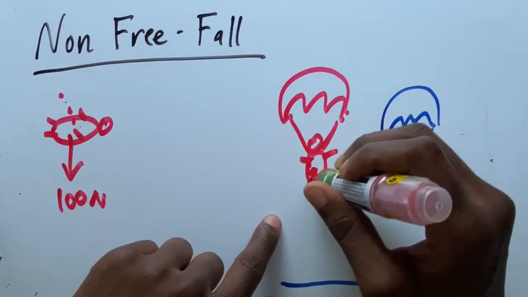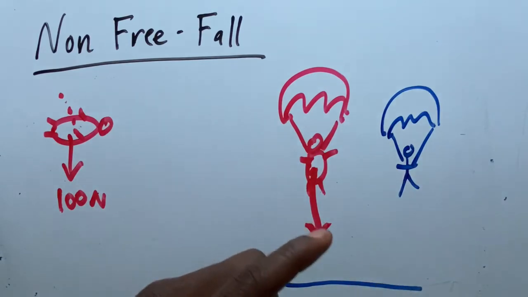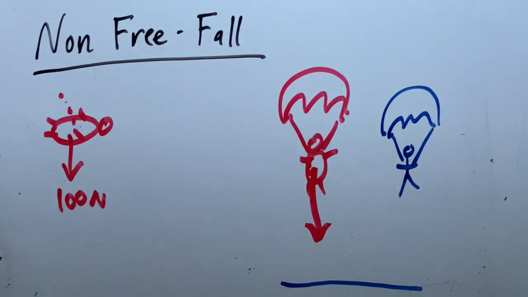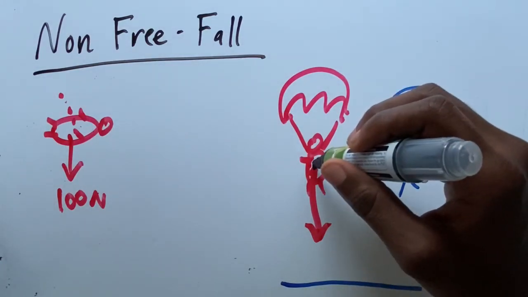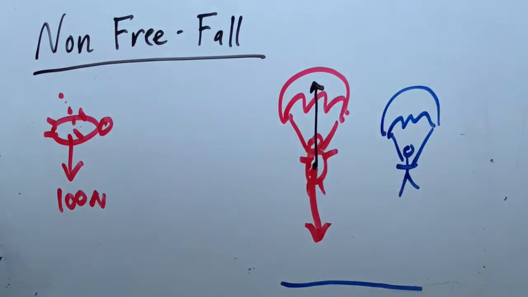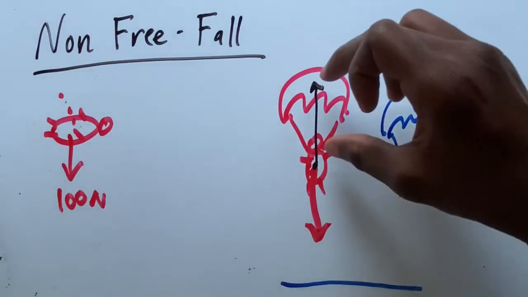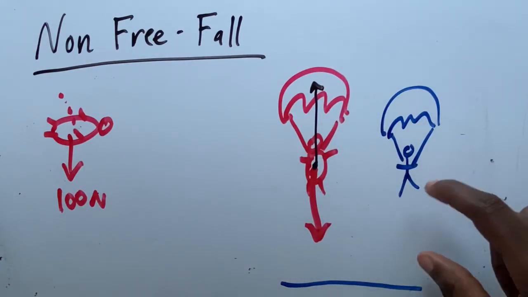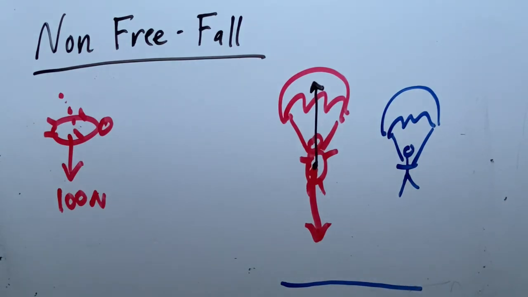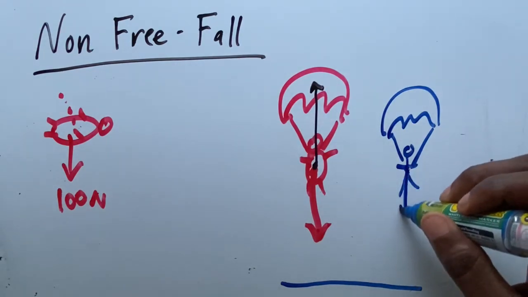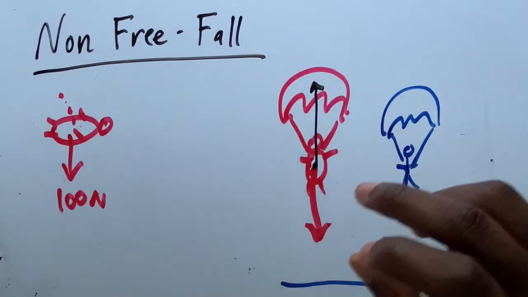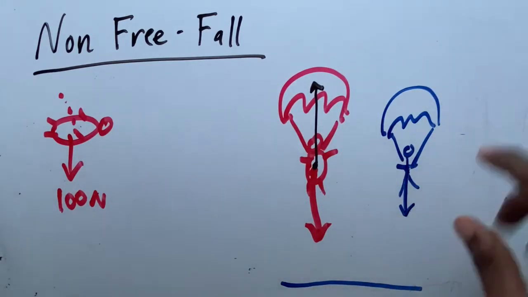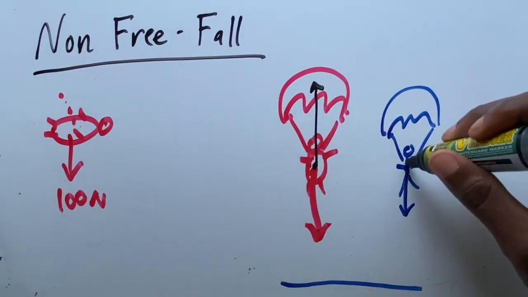So if I were to draw his force down this way, we know that the air resistance upwards is going to be by the same amount, right? So that the force of gravity and the air resistance cancel each other out. Similarly, this person's going to have some force of gravity pulling downwards, and the air resistance basically balancing out upwards.